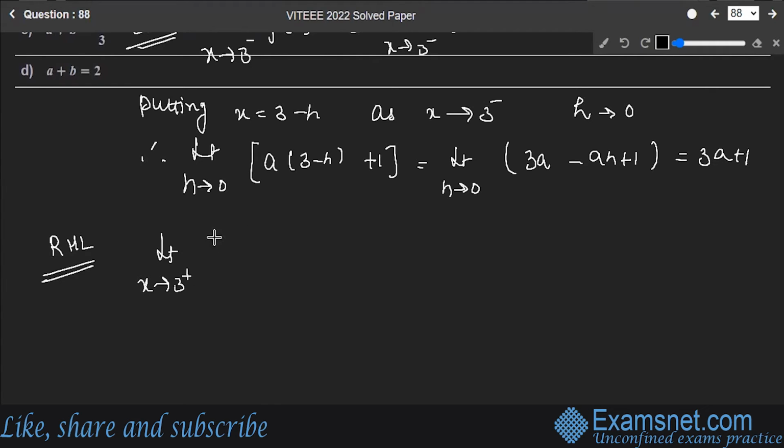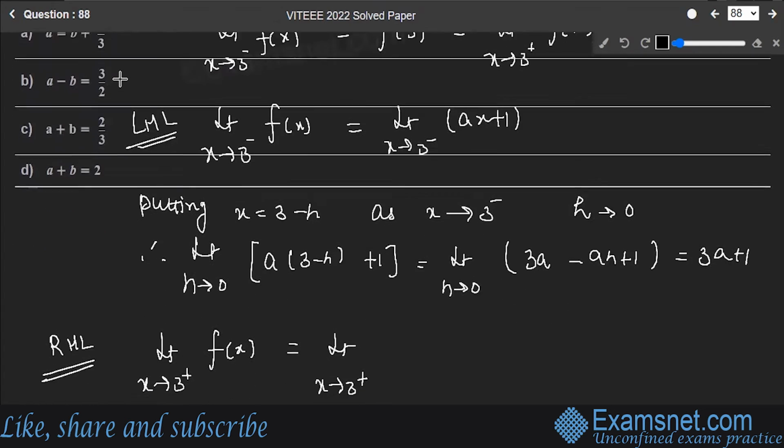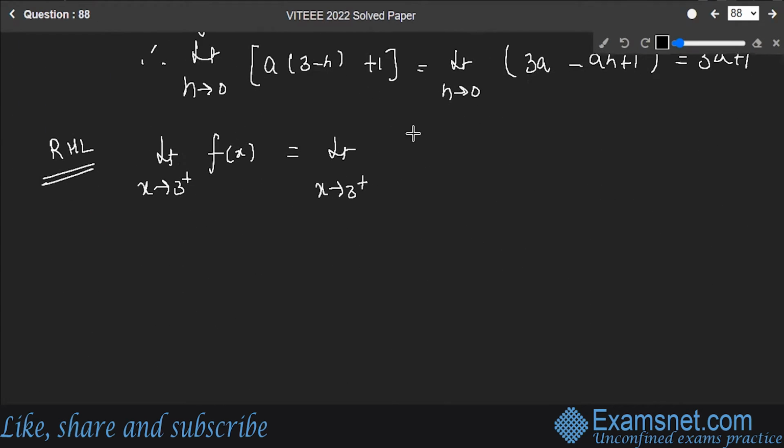The limit as x approaches 3 plus of f(x) is equal to this. Now the equation will be bx + 3.